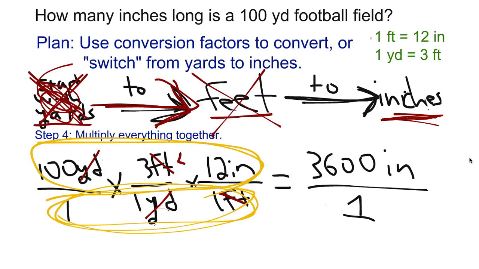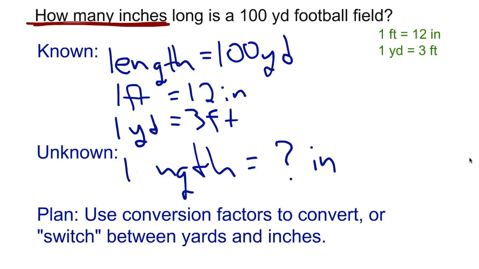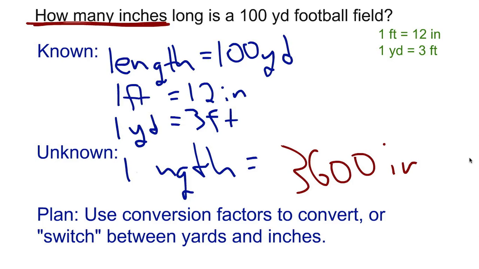And our final answer in inches is going to be 3,600 inches. So how many inches long is a 100-yard football field? And our answer is 3,600 inches, and our unknown is now known.